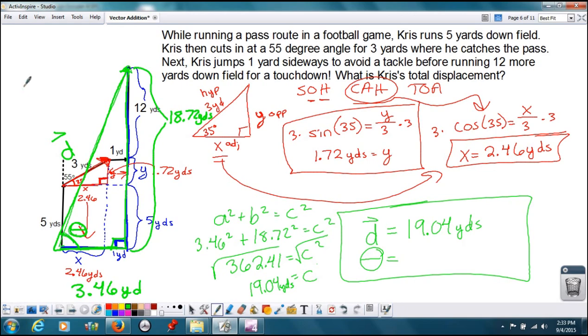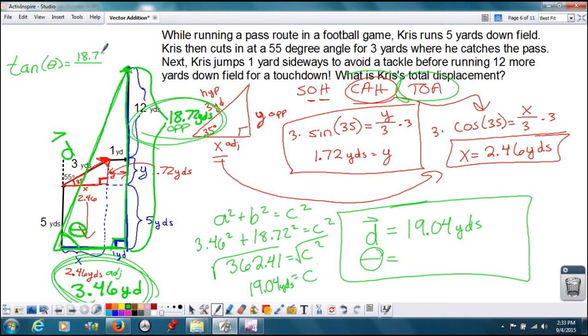For now, I'm going to pick the two we just found. Okay? In relation to theta, this is the opposite, and this is the adjacent. So I'll use the trig function that has opposite and adjacent, in this case, TOA. So the tangent of theta is equal to the opposite, 18.72, over the adjacent, 3.46.